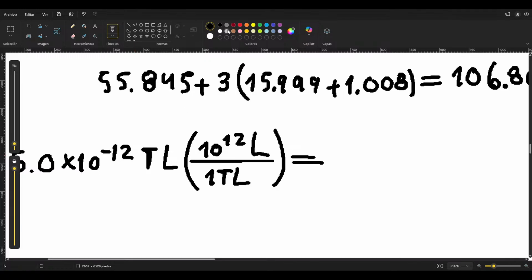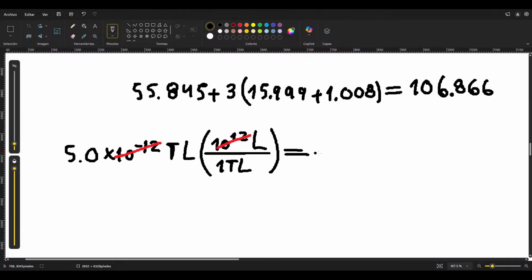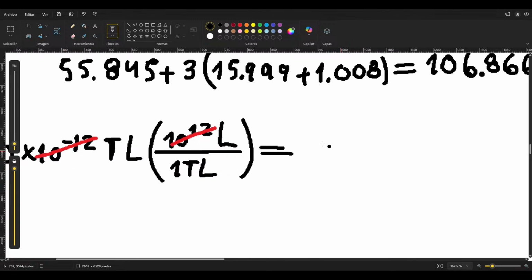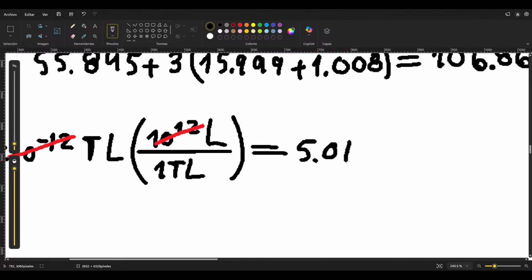So basically this and this cancel, and it gives the same thing but in liters.